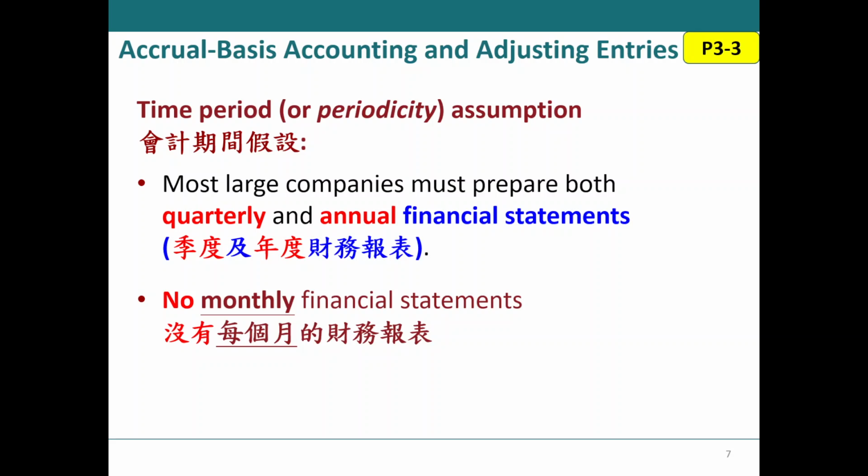We don't have monthly financial statements, okay? So when you look at Apple company's financial statements, you want to find out whether Apple is good or bad apples. You could only find out quarterly and annually, for 1 quarter, for 1 year, but you cannot find out 1 month.